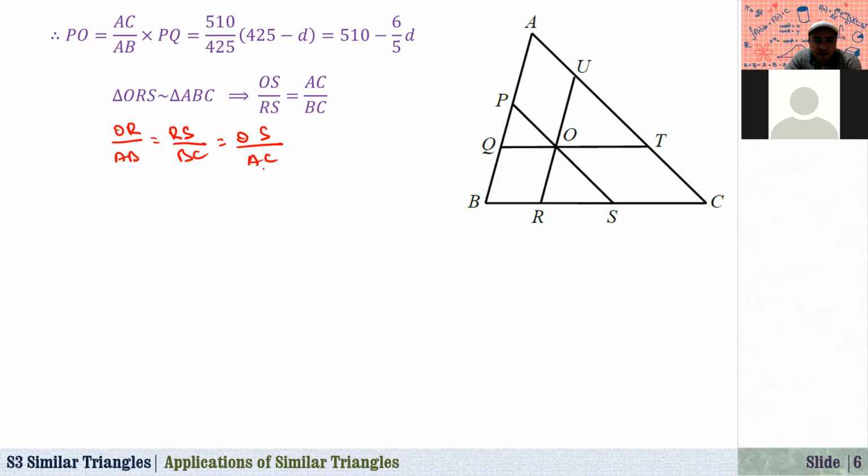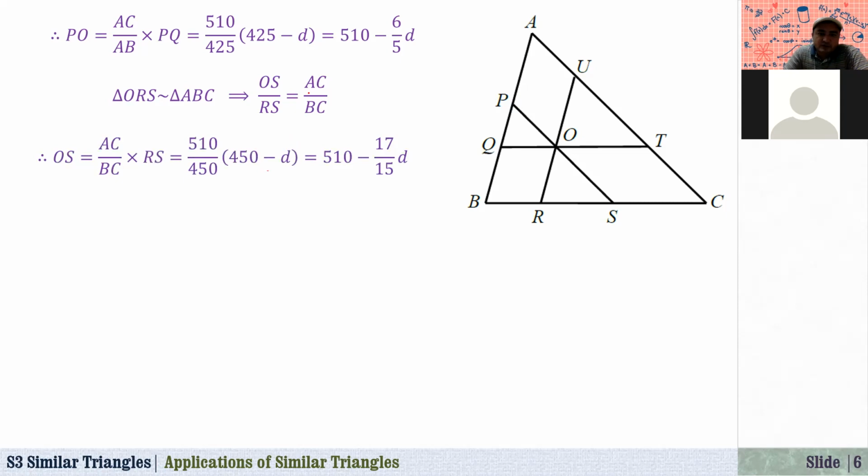Now see here, if I take this to this side, AC goes here, RS comes down: OS over RS is equal to AC over BC. So we can find OS. OS is AC over BC times RS. We know AC is 510 and BC is 450, and RS we have already found in terms of D, that is 450 minus D. If you just expand this, we have 510 minus 17 over 15 D.